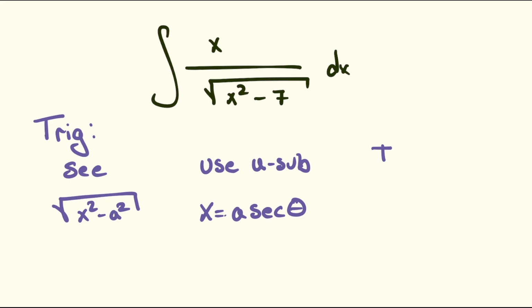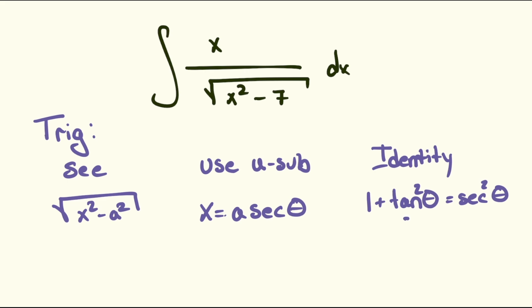And the identity that you will also be using as a very nice tool is going to be the identity, and I'm going to write out first the one that you will normally see it written as. 1 plus tangent squared is equal to secant squared. In this particular case, we're going to see that written slightly differently.